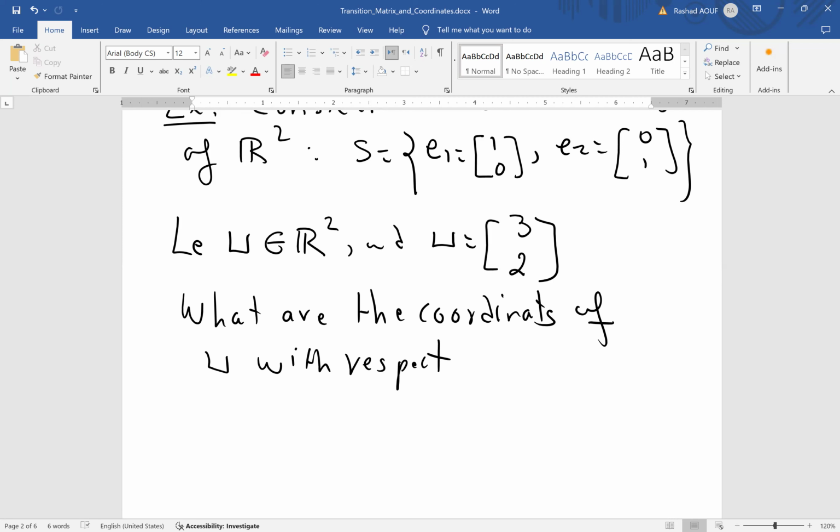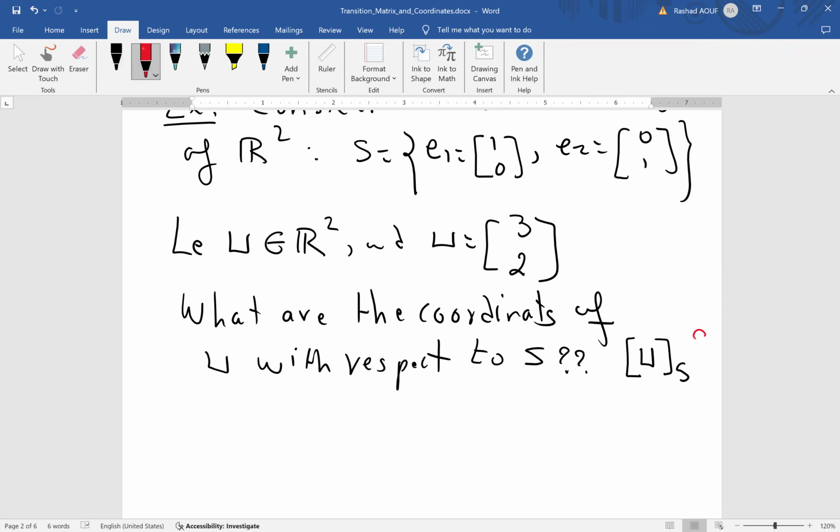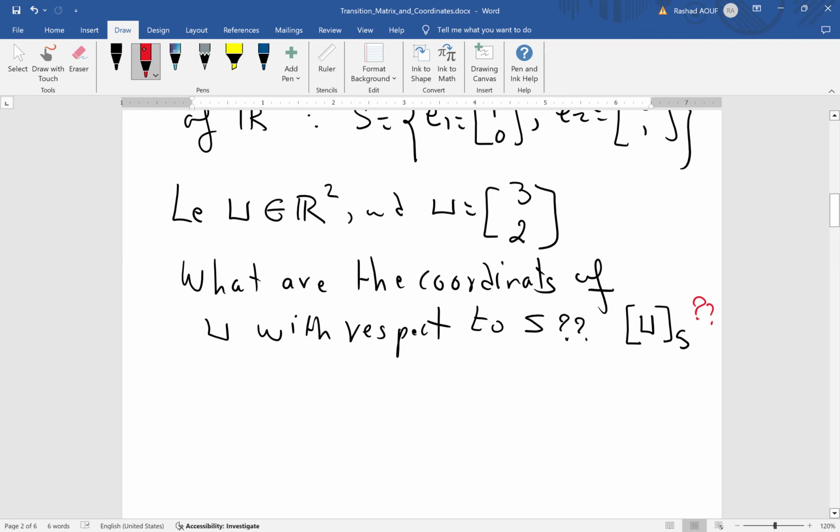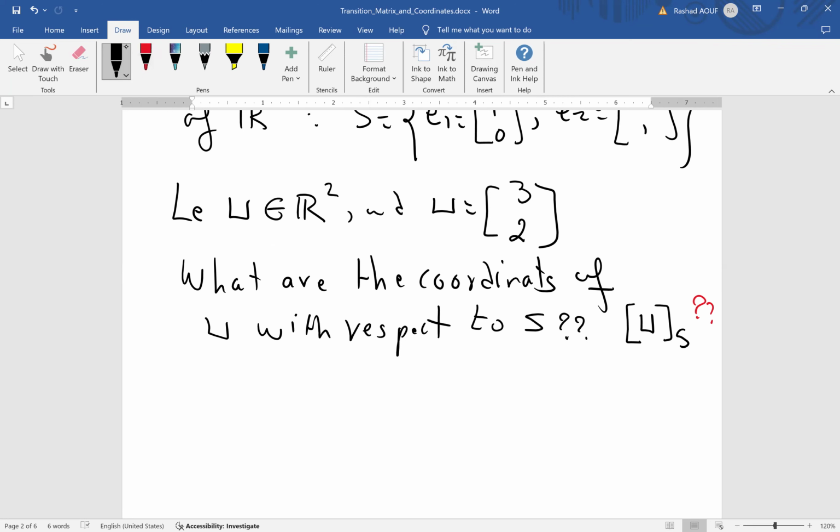Using the notation, it means find [u]_S. We write u equal to A1E1 plus A2E2. It means we have to write u in terms of E1 and E2. As I told you before in class, the simplest way is to represent any vector in terms of its standard basis.